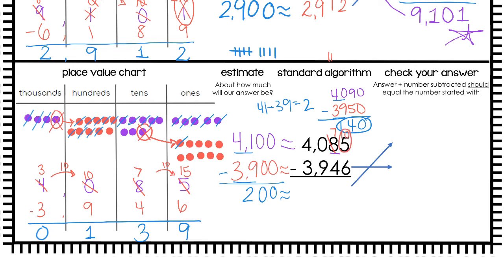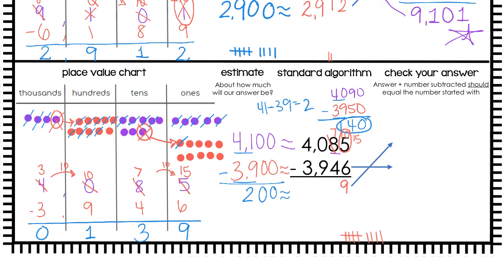Uh-oh, I ran out of room because I wrote my other equation there. Bad choice. So we have 15. 15 minus 6 is 9. I can say 6, 7, 8, 9, 10, 11, 12, 13, 14, 15. There's 9. Then I go to my tens place.